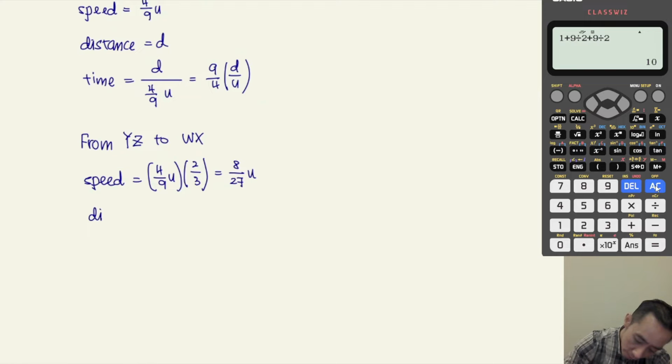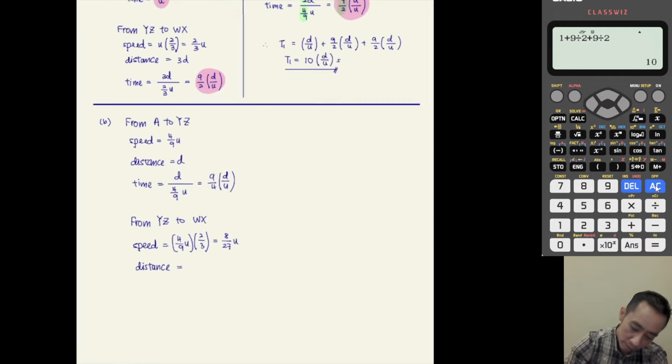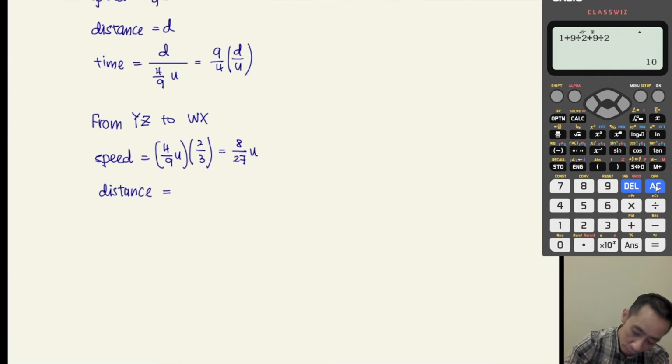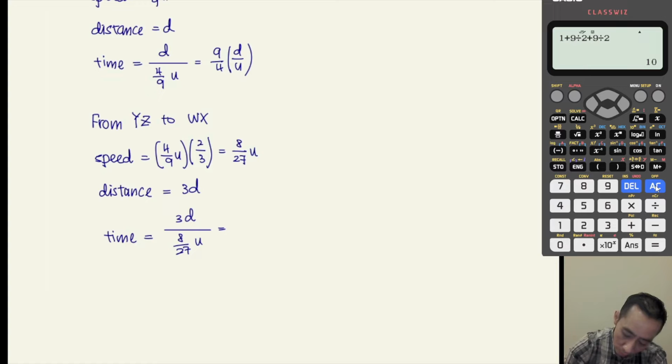Now what is the distance? The distance from YZ to WX is 3d. So what is the time taken? I take distance divided by the speed. So 3d divided by 8 over 27u, which is equal to 81 over 8 d over u.